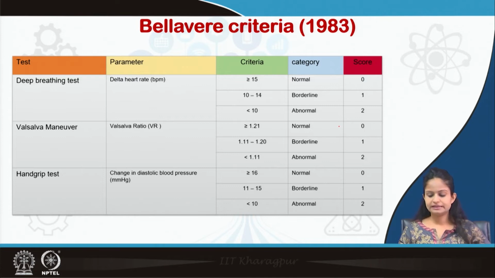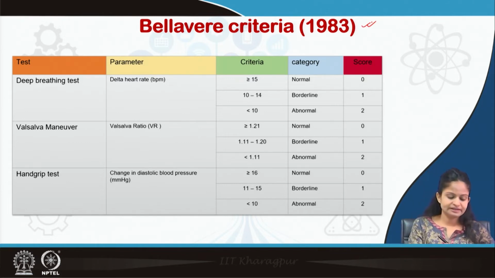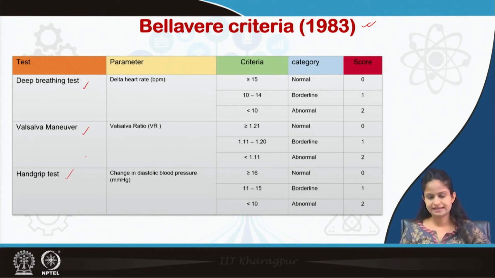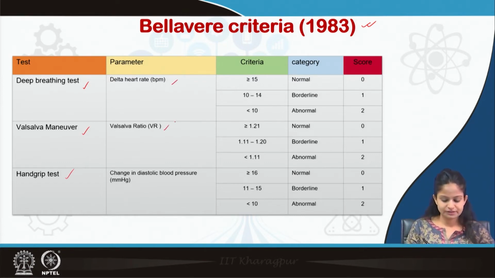Later on, in 1983, another criteria came up, that is the Bellavere criteria. Bellavere criteria consisted of the deep breathing test, Valsalva maneuver and hand grip test. It omitted the standing lying position and 30:15 ratio. So, delta heart rate, Valsalva ratio and change in the diastolic blood pressure, this we have to see.